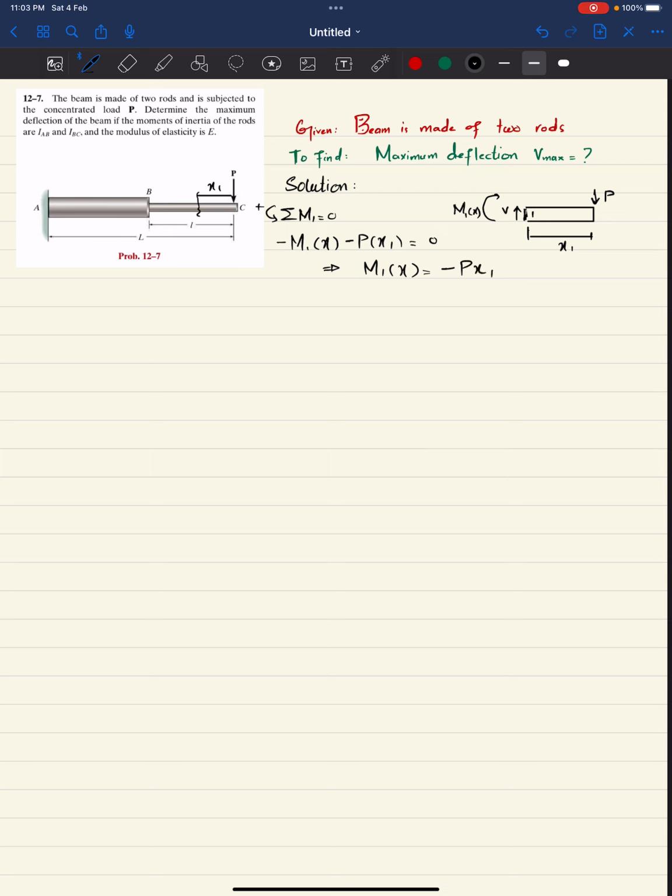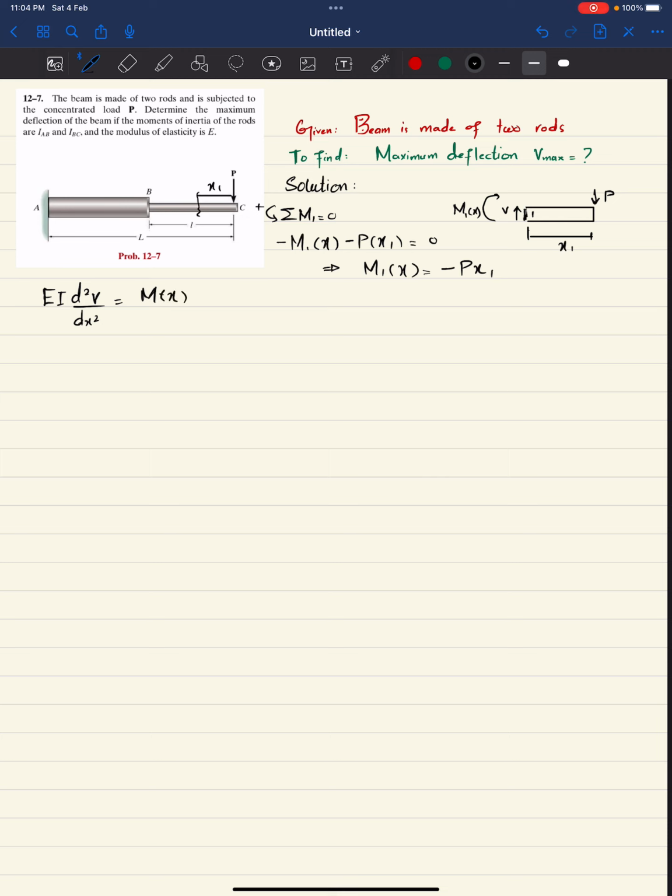Now we know that EI d square v over dx square is equal to M of x, where v is the vertical displacement.